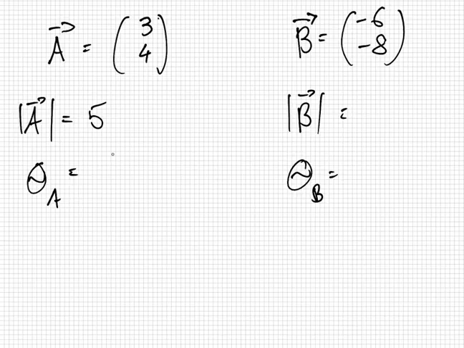How did you calculate it? Sine or tan? No, tan. Tan inverse 3 over 4. No, sorry, tan inverse 4 over 3. What's tan inverse 4 over 3? 53? Okay. Here, what's the magnitude? 10. And the direction?